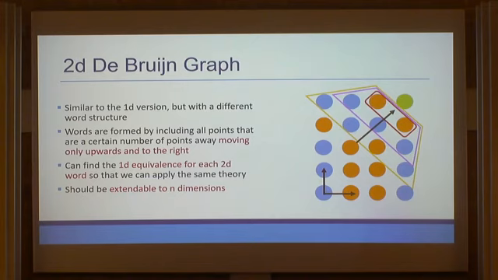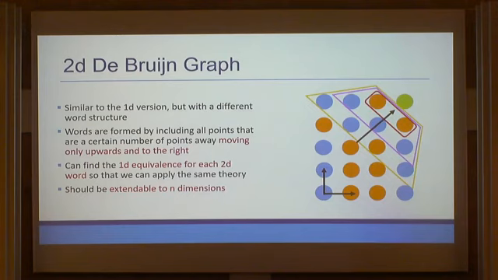So we've got 1 point away or 2 points away. And what I've actually found looking at this is that we can find the 1D equivalents to each of these 2D words. We can do that as long as you can write these down in a vector, and as long as we've got the ordering right, then we can treat it as if it was the same as a 1D version.